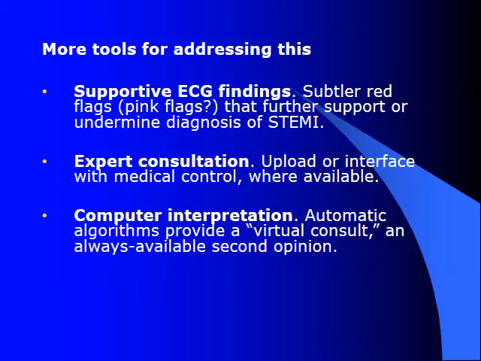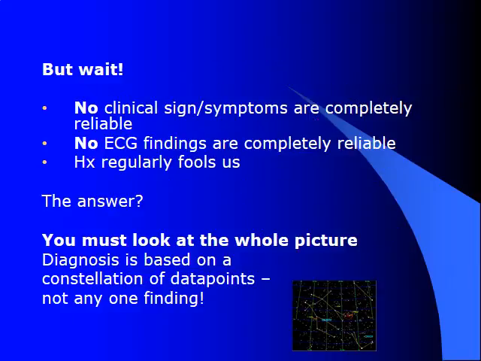The computer is programmed with an algorithm that is basically a virtual consult, and it's always there for you for a second opinion to rule in, sometimes rule out a STEMI, and we'll talk about those algorithms in greater detail. But the problem is that no clinical signs and symptoms are completely reliable, and no ECG findings are completely reliable either.